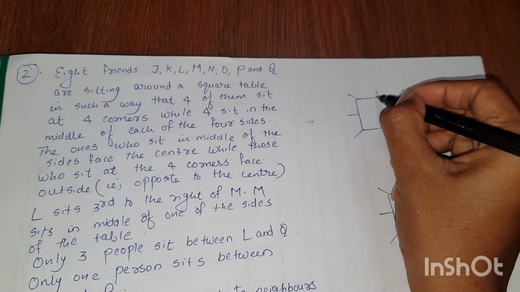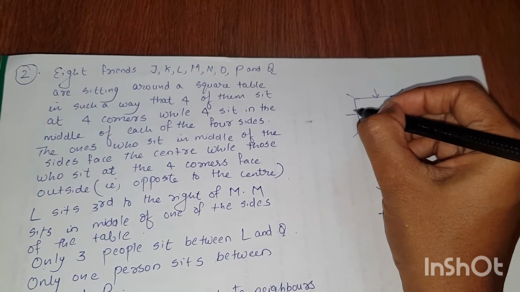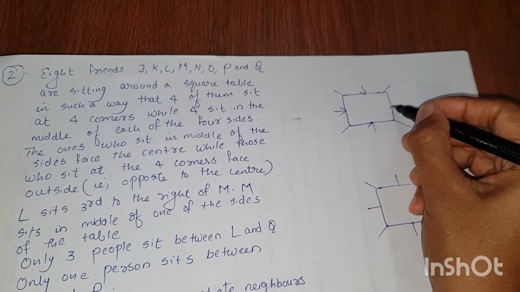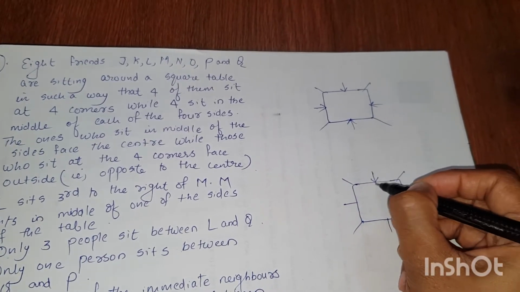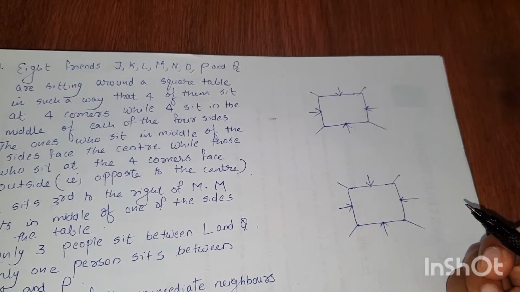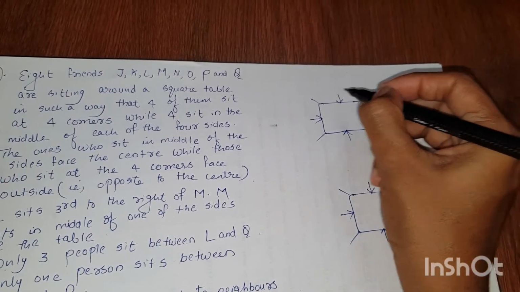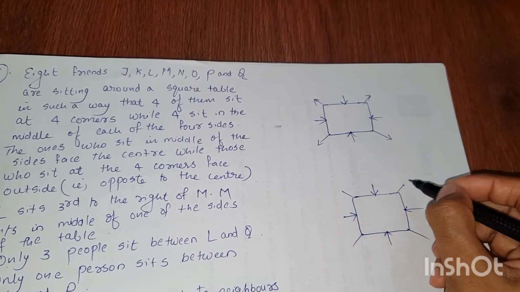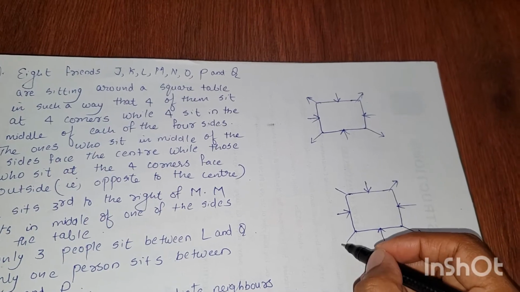Facing the center means the arrow should be inside the table, right? So those at the corners face outside.